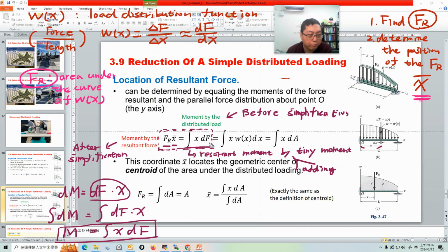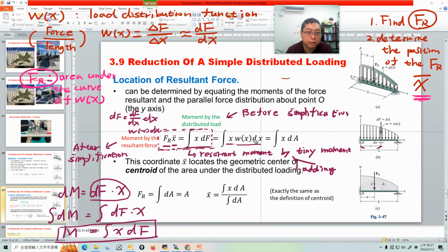And then we also make a trick. I make a trick: df can be written as df over dx times dx. So it's just equal to w(x) times dx. So this becomes the integration of x times w(x) times dx.